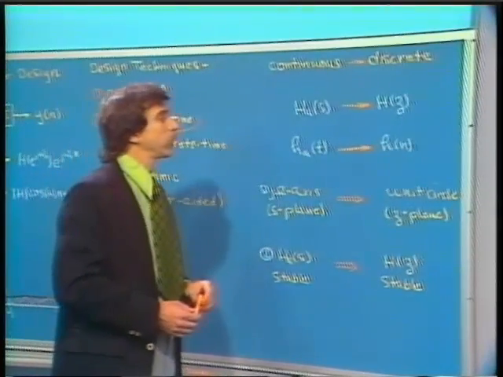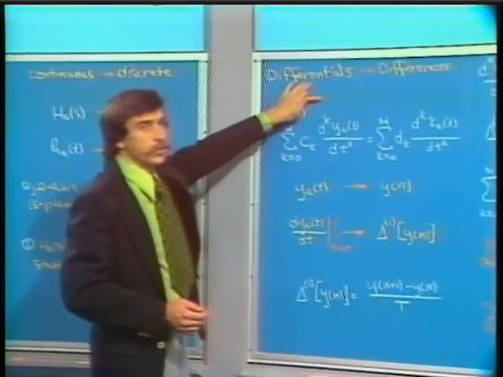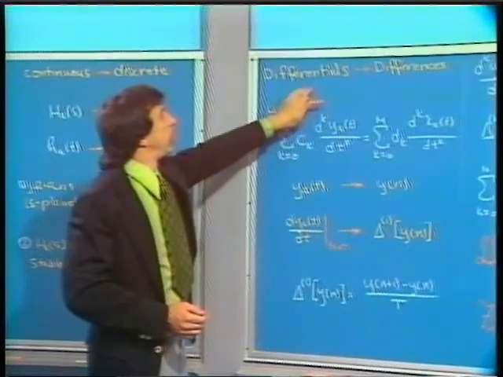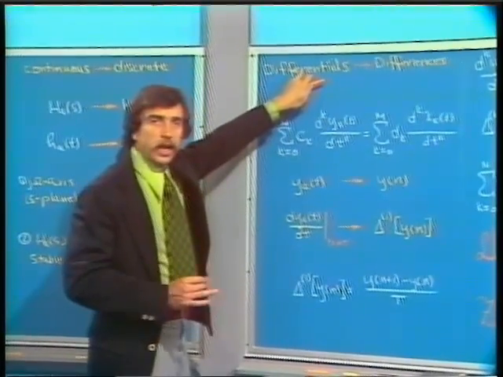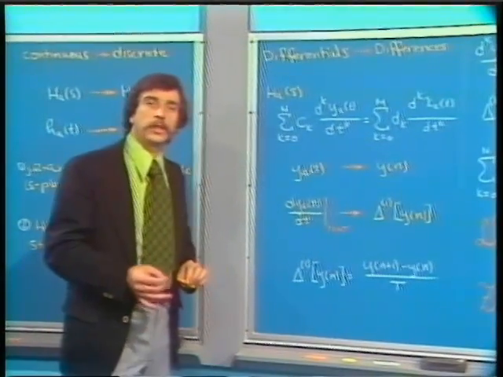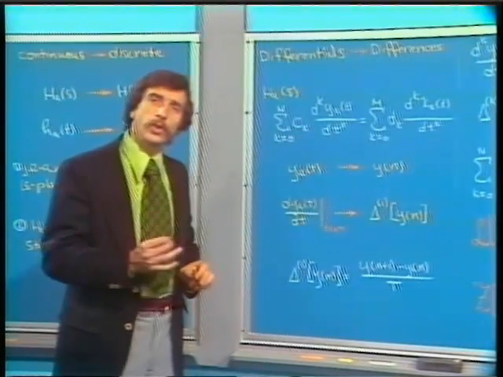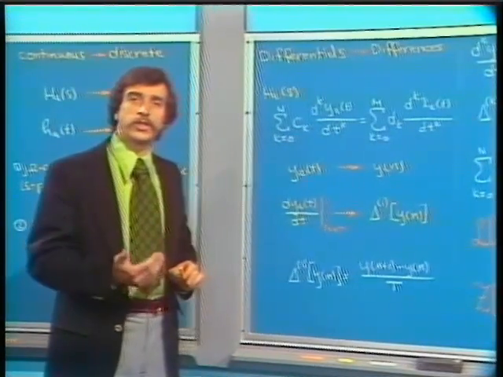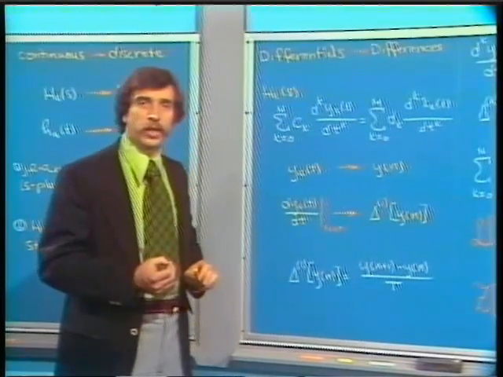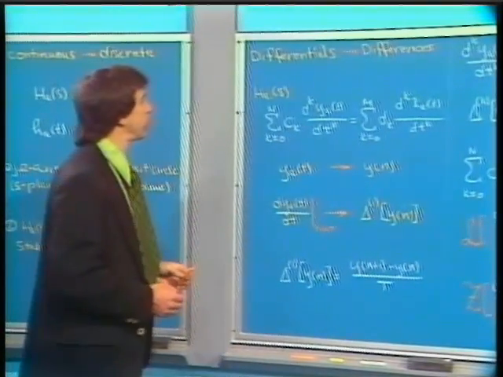So the first method that I'd like to talk about corresponds to going from the analog filter to the digital filter by mapping differentials in the analog domain to differences in the digital domain. And let me tell you in advance that although this is intuitively one of the first methods that tends to come to mind, in fact it is not a particularly good method in terms of the basic guidelines that we've set down. But let's go through the method anyway.